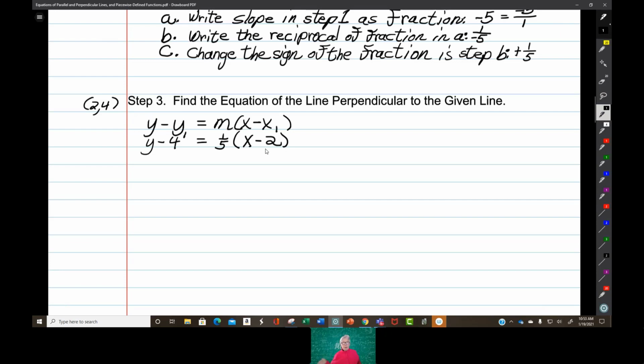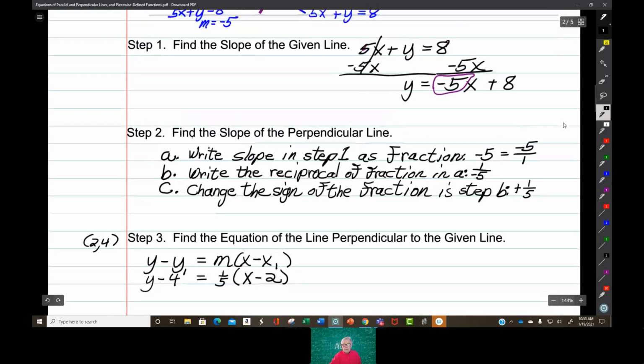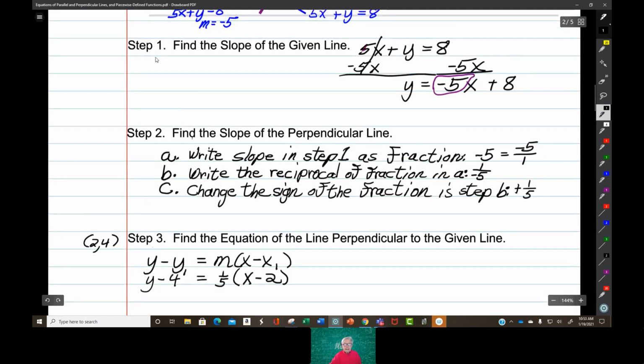That was the hard part, where you have to be oh so careful, in step 1 and especially in step 2. First, you write the slope of the given line that you just found in step 1. Then you take the reciprocal of it, then you change the sign. So there's an ABC approach to step 2.